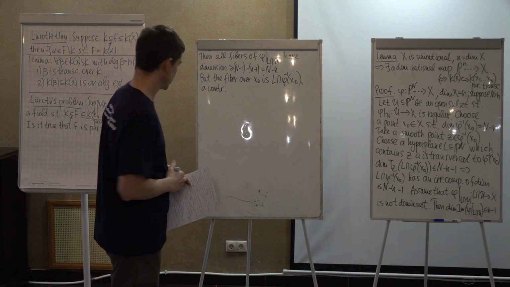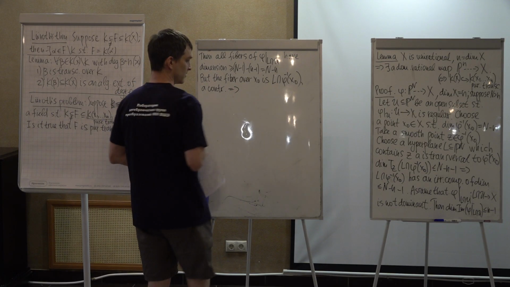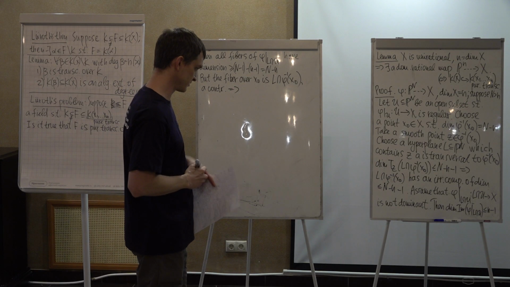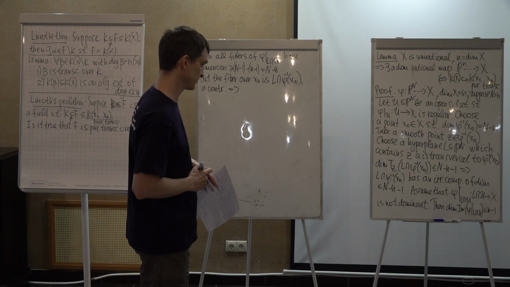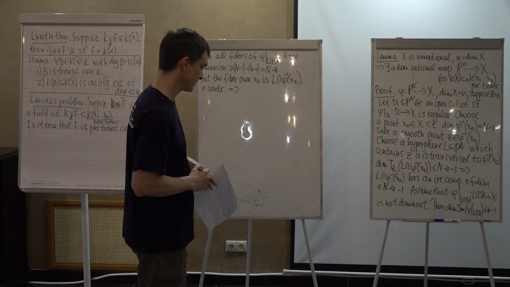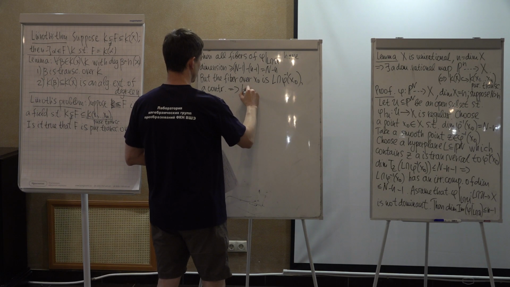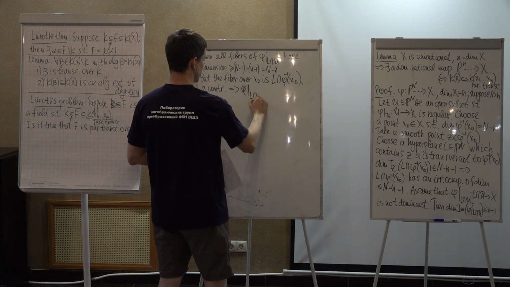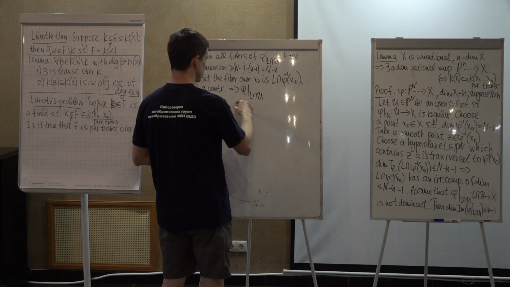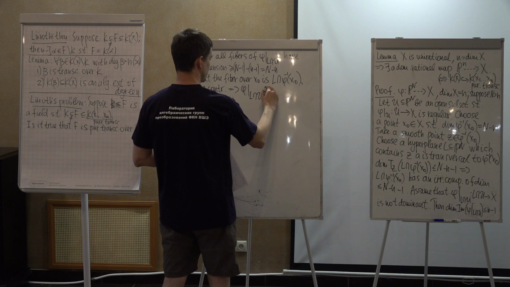So this means that this restriction is in fact dominant. So phi restricted to L intersected with U is dominant.